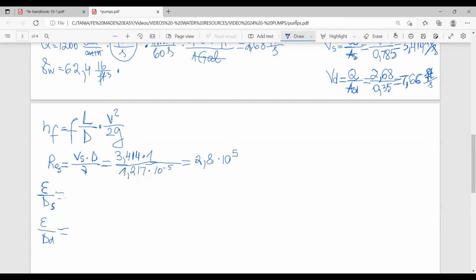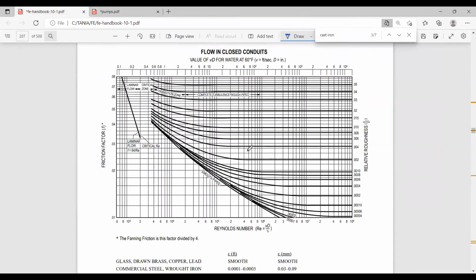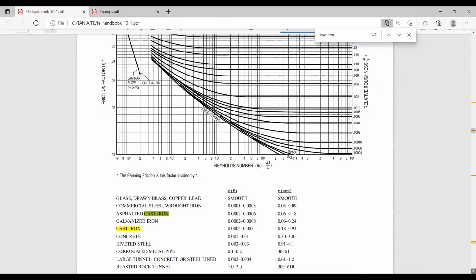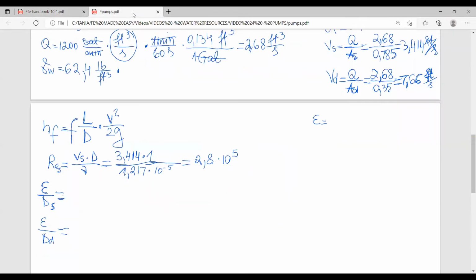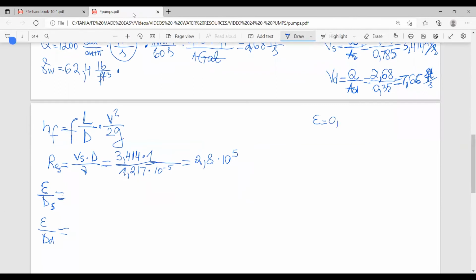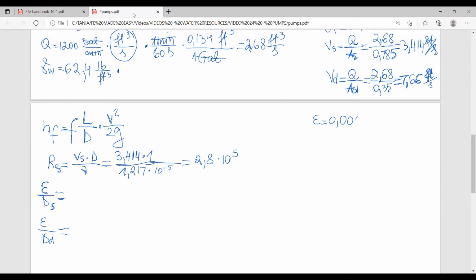For this particular problem, let's get this epsilon. It's given in the FE handbook, right after this table, and for cast iron it is given between 0.0006 and 0.003. For this particular problem, we'll take 0.00085.